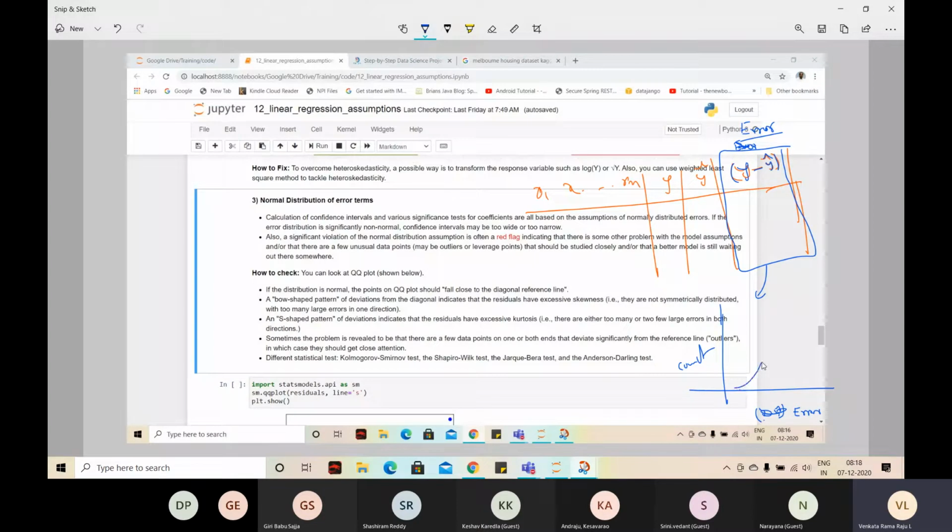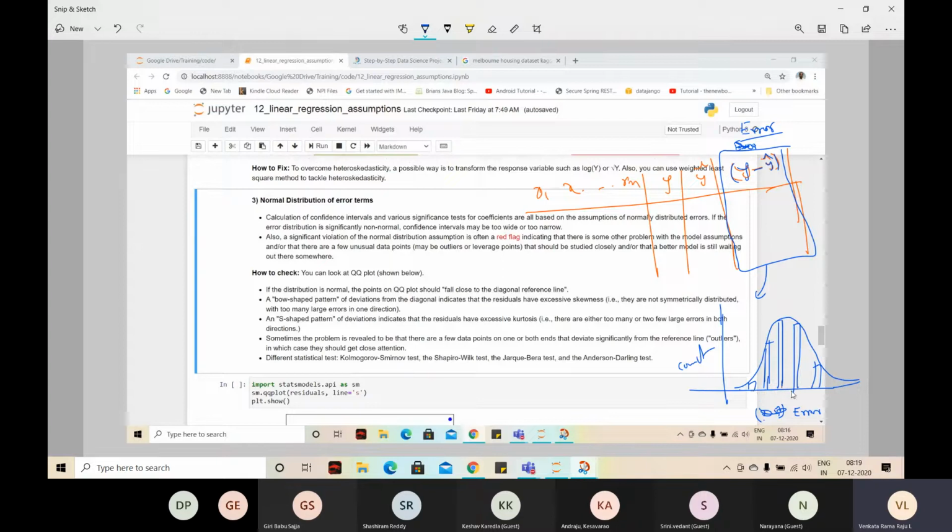If you are getting a shape like that, the bars are like that, then the errors are normally distributed.